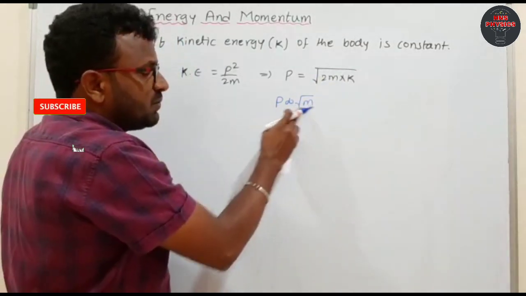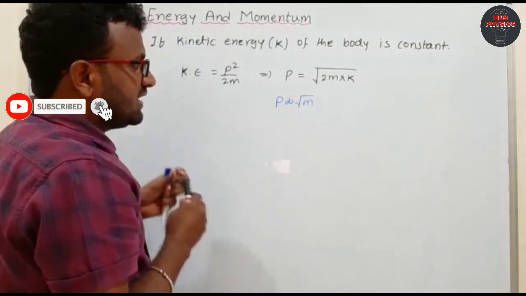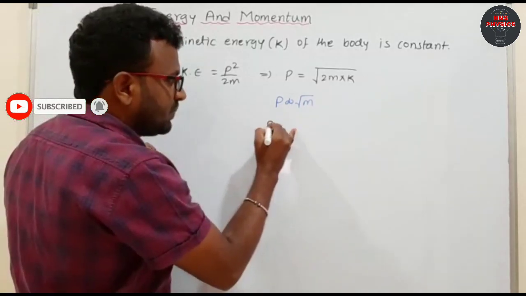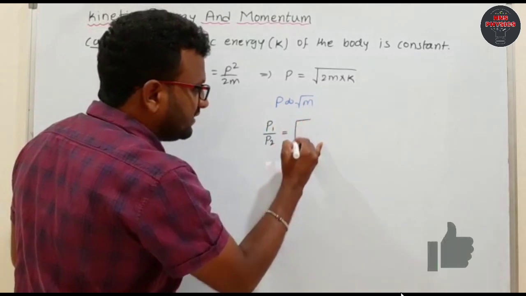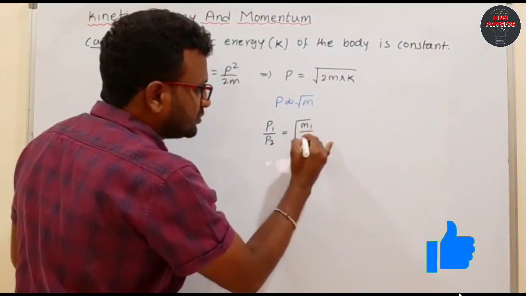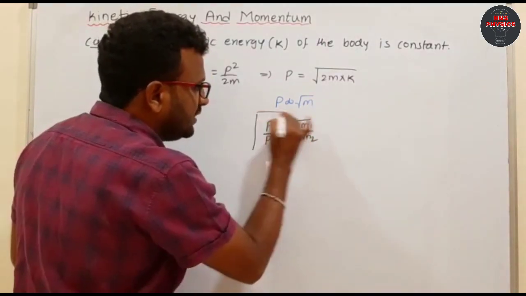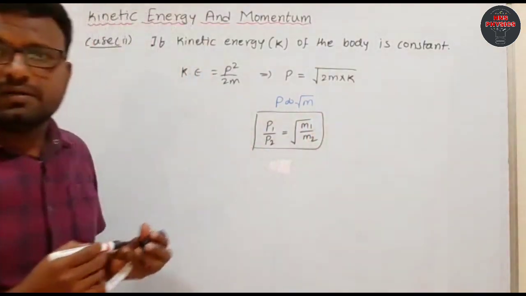So P is directly proportional to root m, means here you will get one relation. What is that relation? P1 by P2 equal to root over M1 by M2. So this is the relation between the momentum and mass.